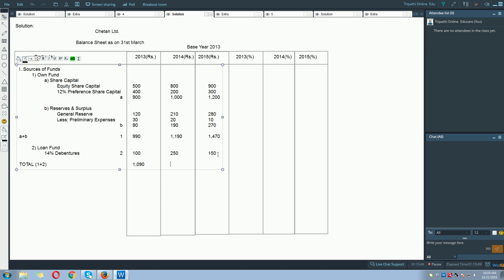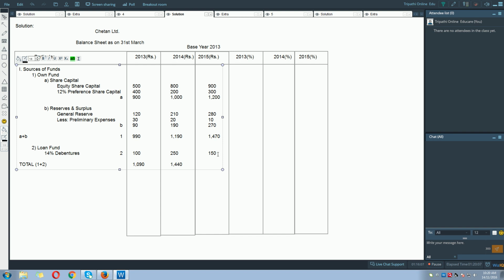Now we'll go for second, sorry, not this, number 2, loan fund.